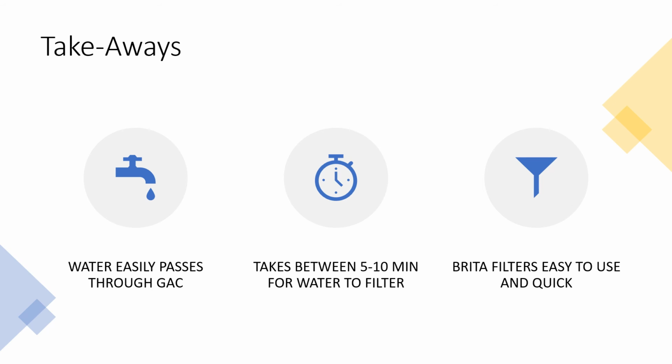After that, most of the water just sits at the bottom of the tank storage. And lastly, Brita filters are easy to use and quick filtration, which makes them very helpful for average day consumers when they want to get their water for drinking or cooking, whatever water use is necessary for humans.